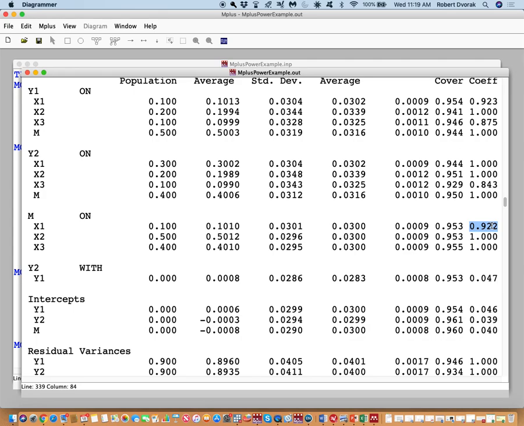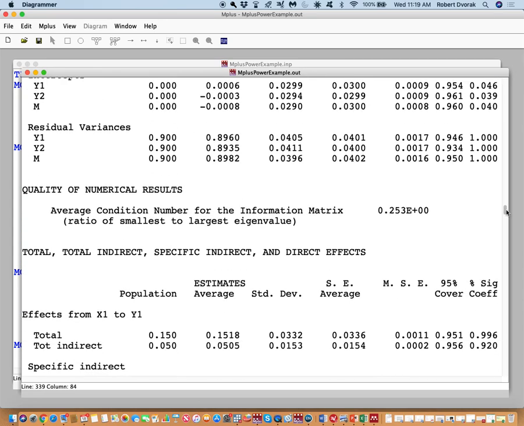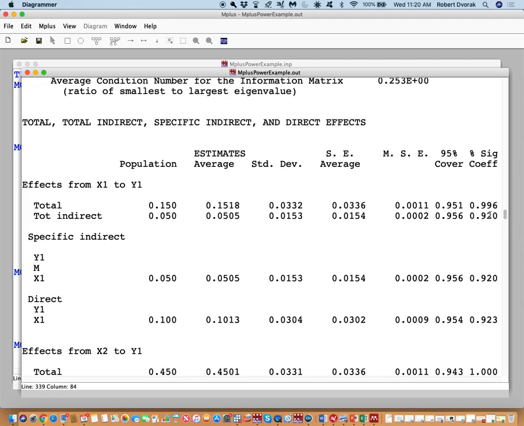Notice that all of the other powers are huge now, right? And so we could say, well, with 1,000 people, we have sufficient power to detect this X1 on M1 relationship. And if we come down to our indirect effects, we are also sufficiently powered there. In fact, we're overpowered a bit. We don't really need 1,000 people, right?